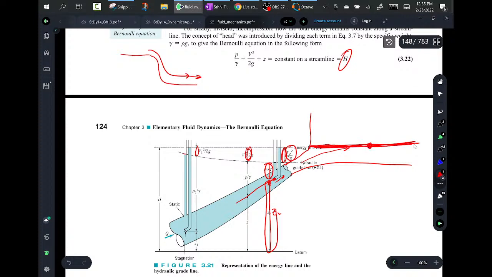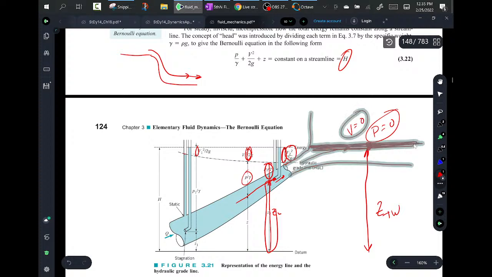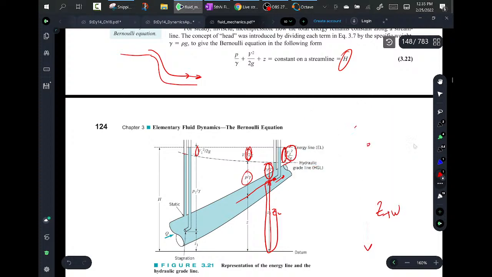Because right here, you would have the total elevation, Z top of the water. You would have pressure equaling 0. So this pressure would drop down to 0. And you would have the velocity equal to 0. So this would be where if there were no losses, this would be where the water would go up to. So he has two terms here. Let me get to these terms.